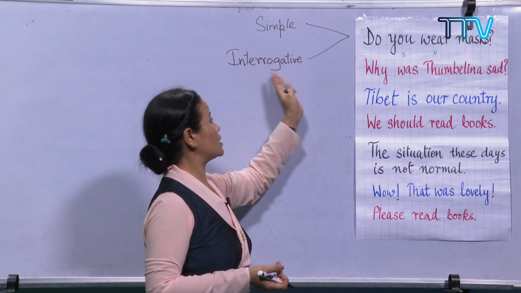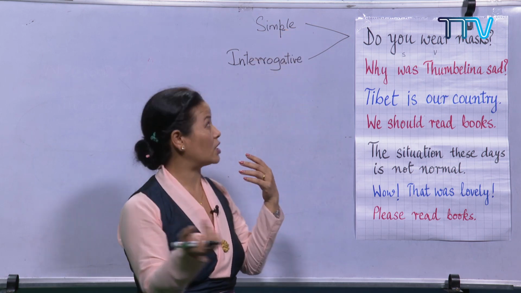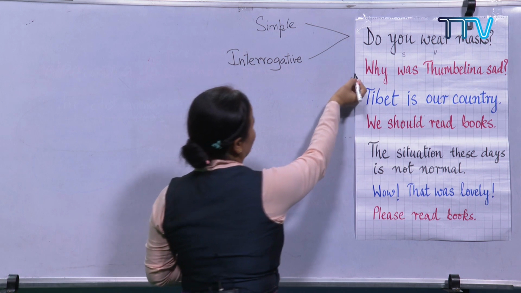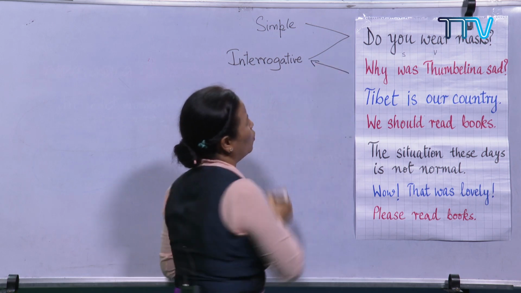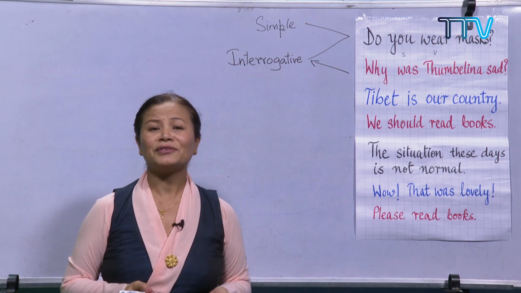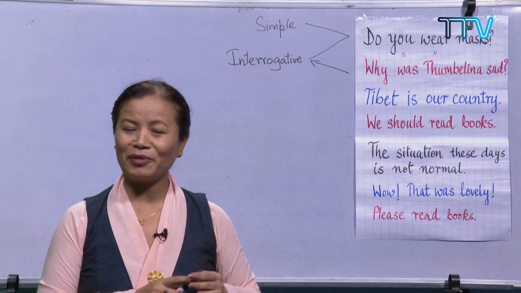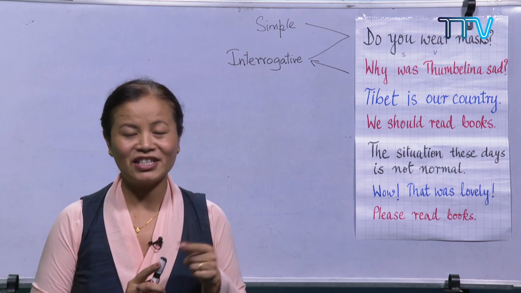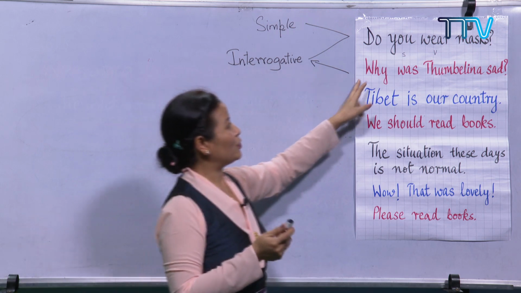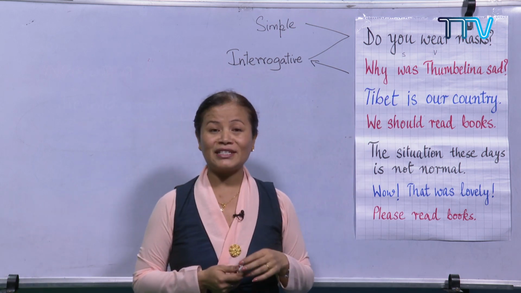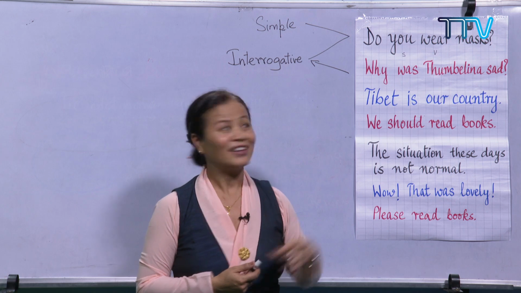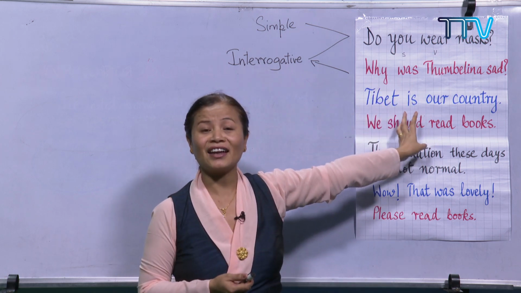Interrogative sentences can be in other structures as well. The same thing here. Why was Thumbelina sad? We read the story yesterday about Thumbelina. Do you remember, in my first session? Yes. So, in the story you learned that Thumbelina was sad. But why? Why was Thumbelina sad?